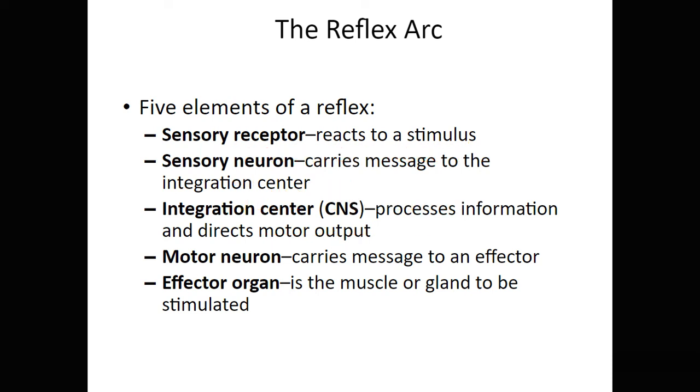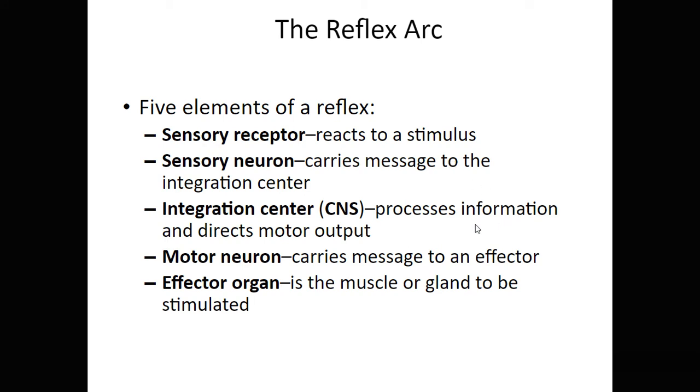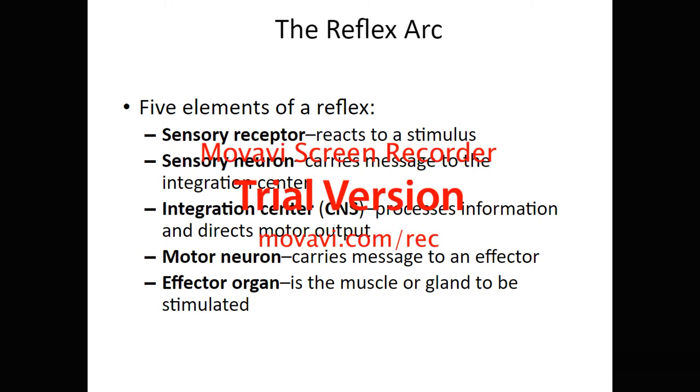And then it's either going to synapse with a motor neuron, or it's going to synapse with an interneuron, and then the interneuron is going to synapse with the motor neuron. So it just depends. And that's the integration center. Then from that integration center, the motor neuron goes down to the effector organ, and again, that's the efferent pathway. And then the effector organ, the muscle or gland, is going to be stimulated.